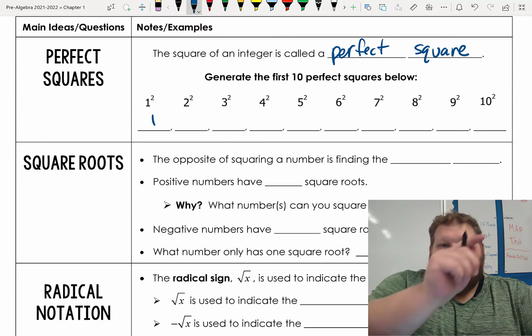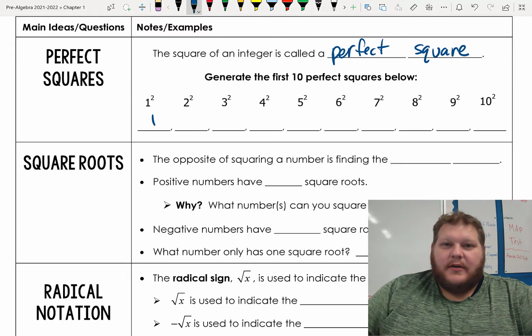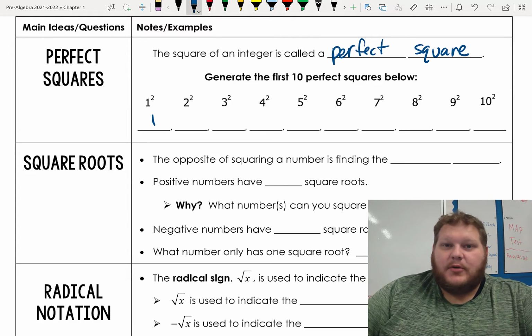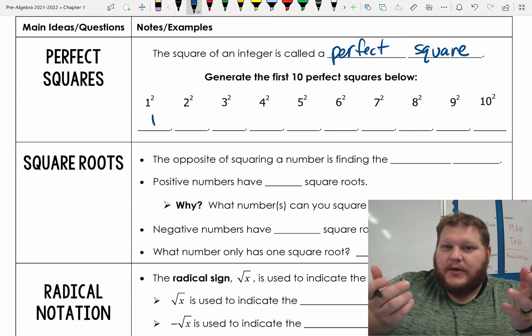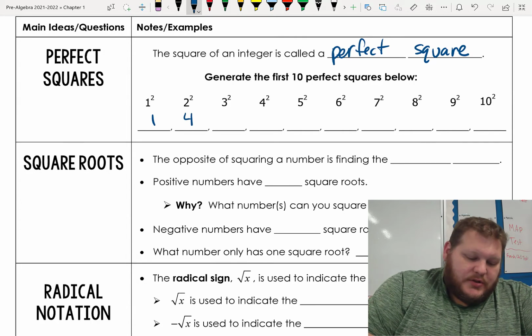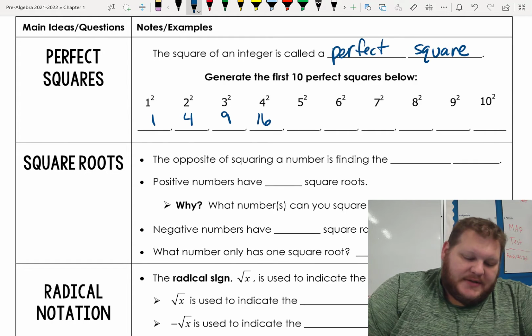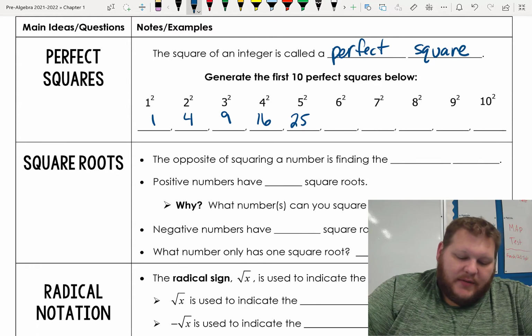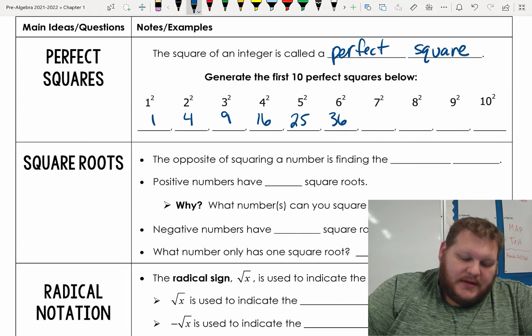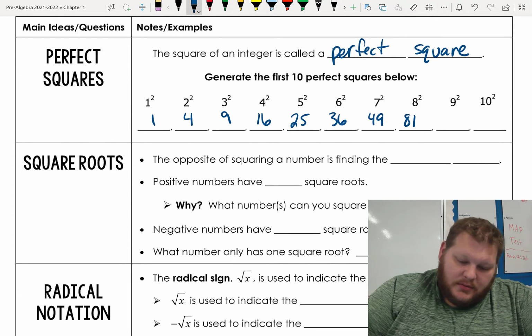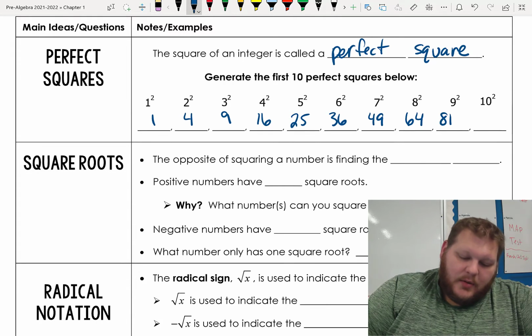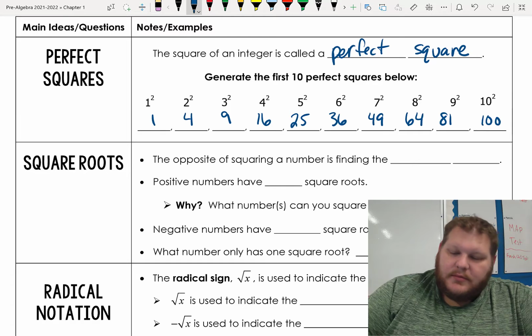These perfect squares on your multiplication table are that diagonal going down through the center, because that's 1 times 1, 1 squared is 1, 2 times 2, which is 2 squared, is 4, 3 times 3 is 9, 4 times 4 is 16, 5 times 5 is 25, 36, 49, 64, 81, and 100.